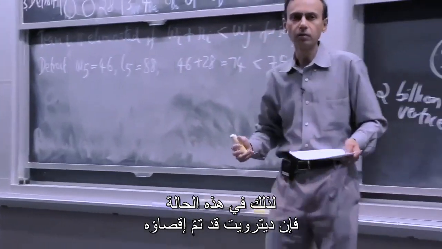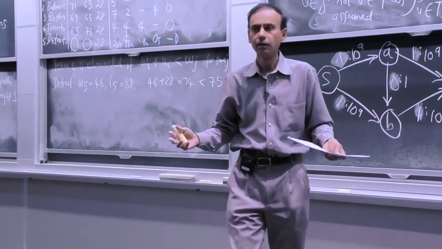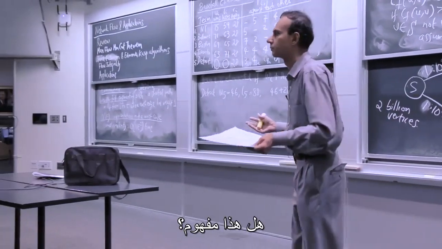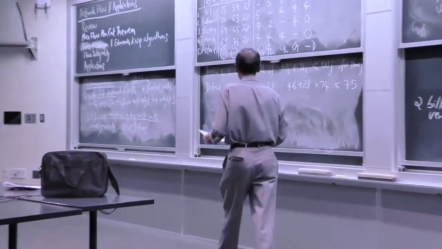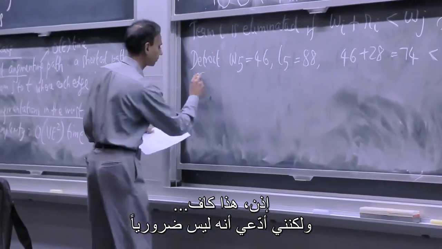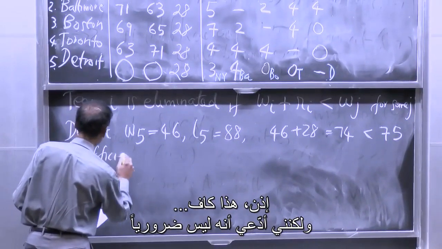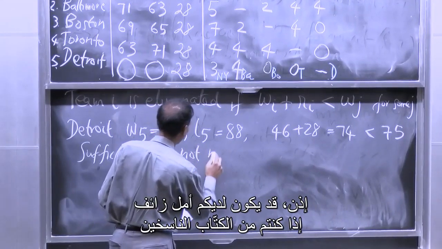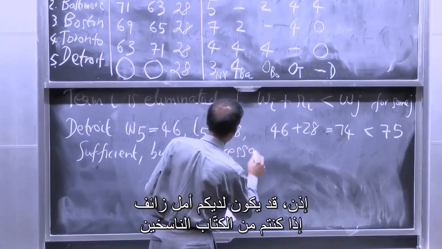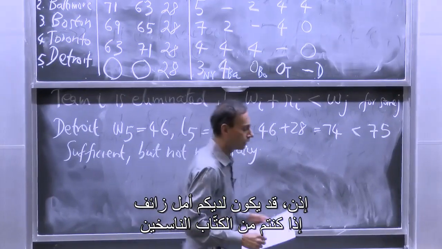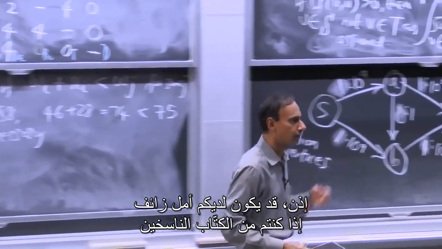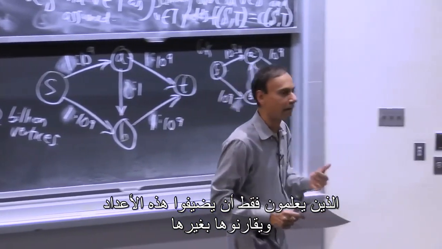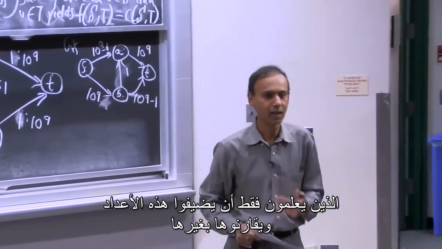Therefore, in this scenario, Detroit is eliminated, right? All make sense? So this is sufficient, but I claim it's not necessary. So you might actually have false hope if you are a mere sports writer who only knows to add up these numbers and compare them with others.